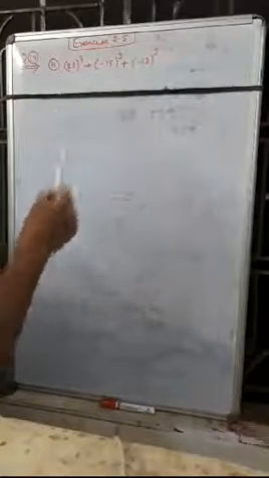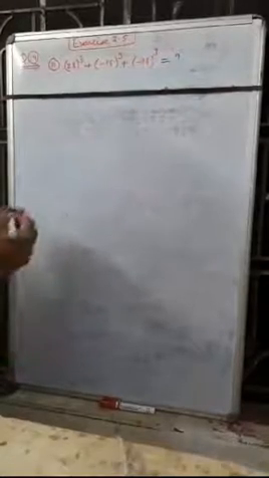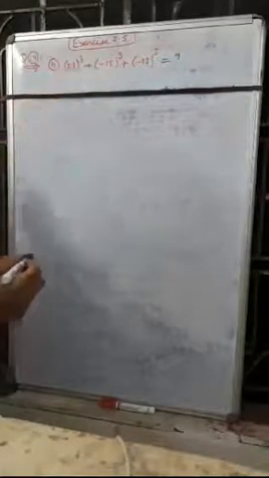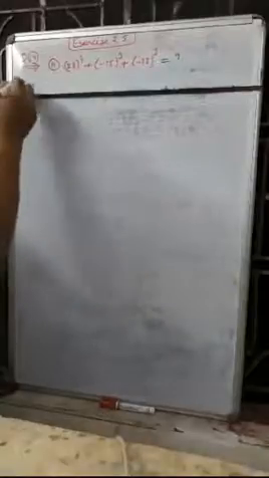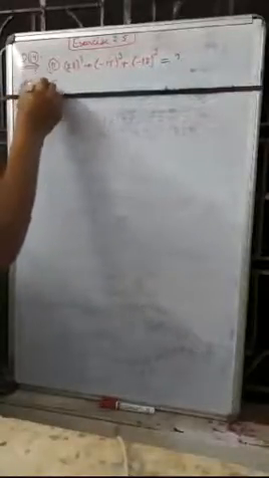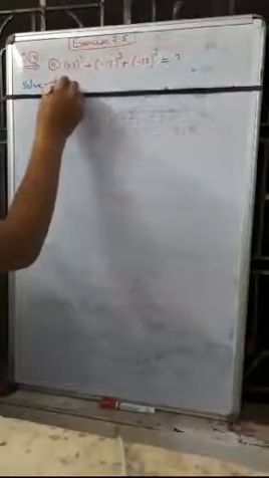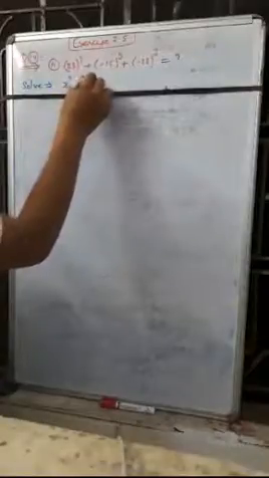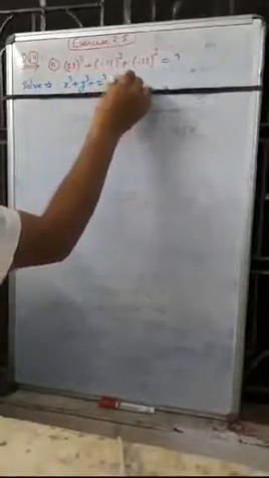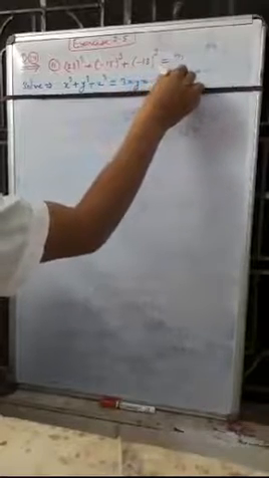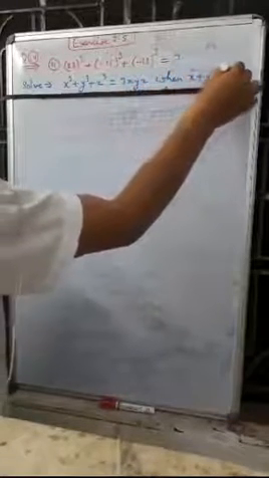Now we have one more problem. 28 whole cube plus minus 15 whole cube plus minus 13 whole cube is equal to what? We have to find it without actually performing the cube of the given numbers. In the previous problem we solved it by using the identity: x cube plus y cube plus z cube is equal to 3xyz when x plus y plus z is equal to 0.